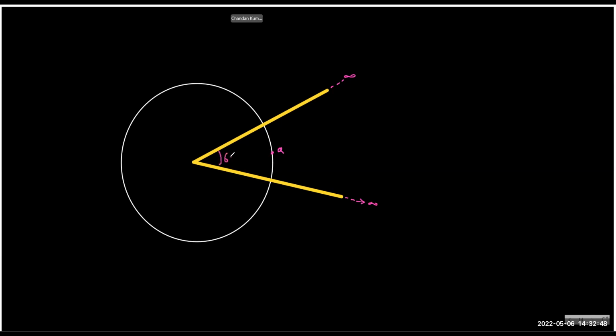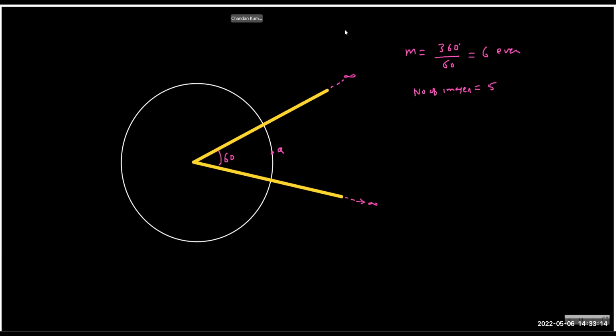If it's 60 degrees, the number of images will be 360 by the angle, which gives 6, an even number. You will study this later on. So the number of images will be 5, because 1 object and 5 images, in total 6. Okay.